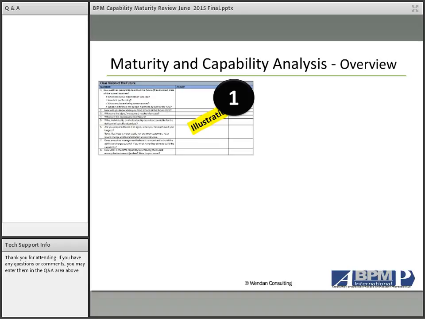Do they understand what BPM and BPMS can be doing to enable the strategic objectives, and are we well positioned as a team, as a function within the organization to make that happen? Do we have the stakeholder buy-in? Do we have effective reality-based planning in place to make the BPM capability effective? Do we have clear tools and processes in place to demonstrate that we can identify what key issues are and then very quickly and nimbly execute solutions? And so that's what the first piece here is all about.